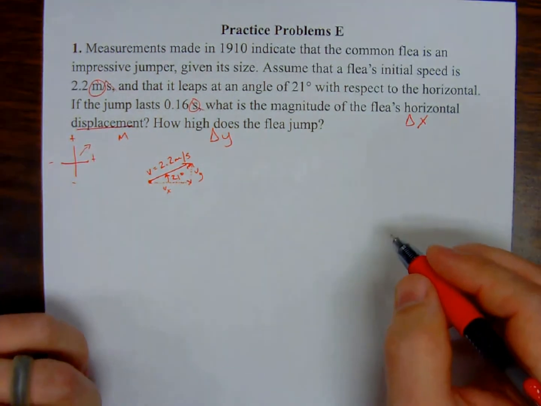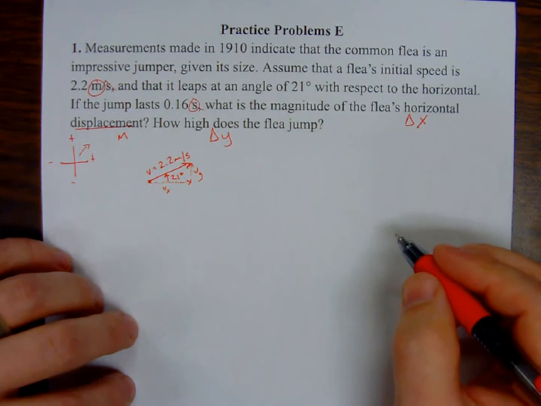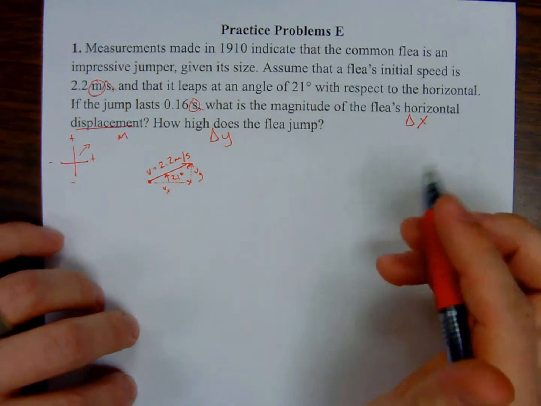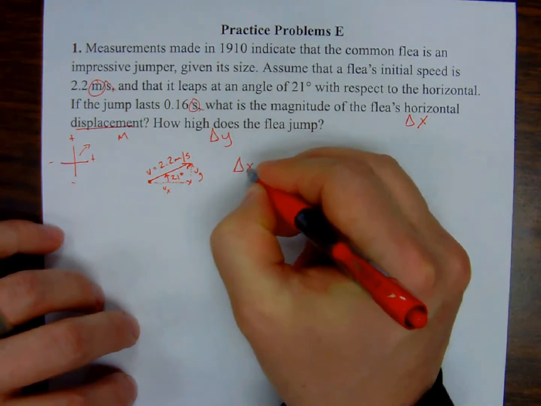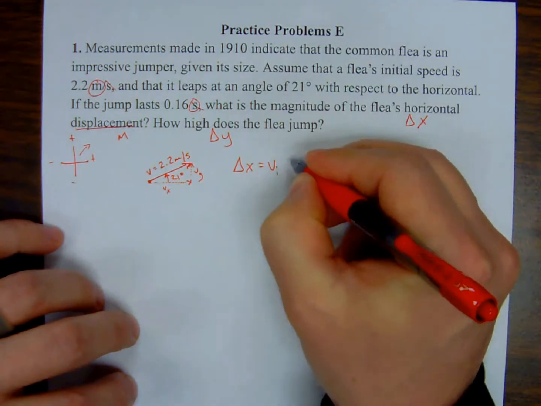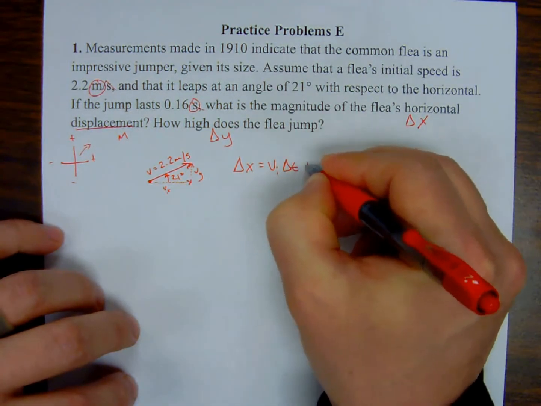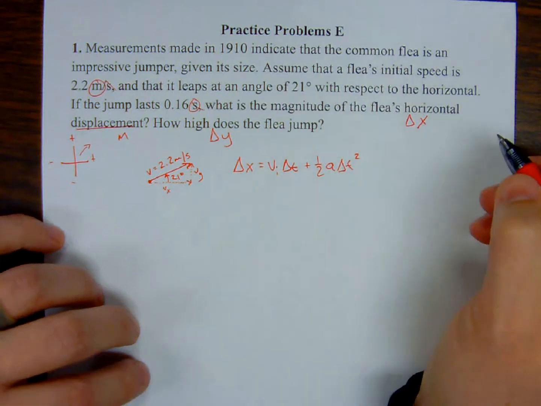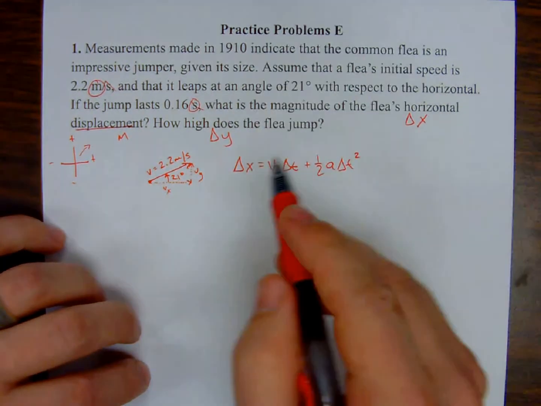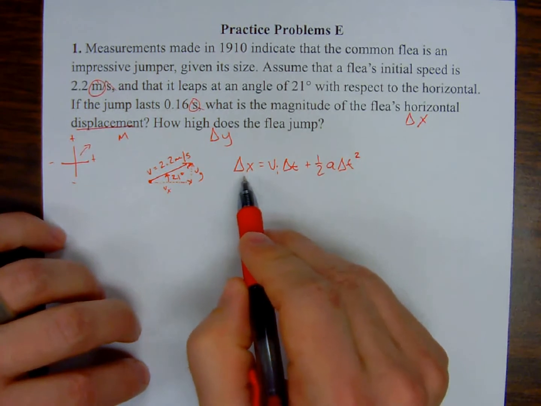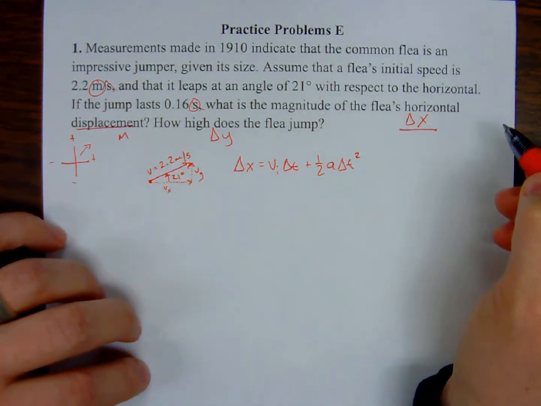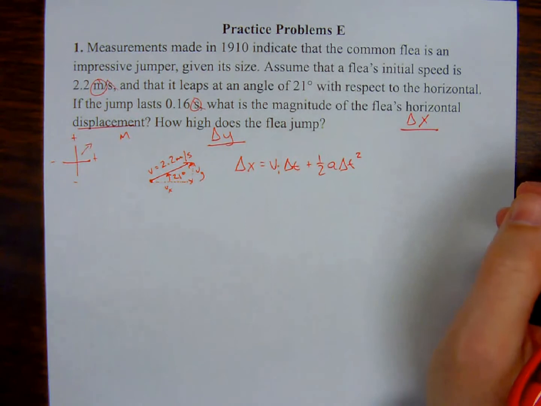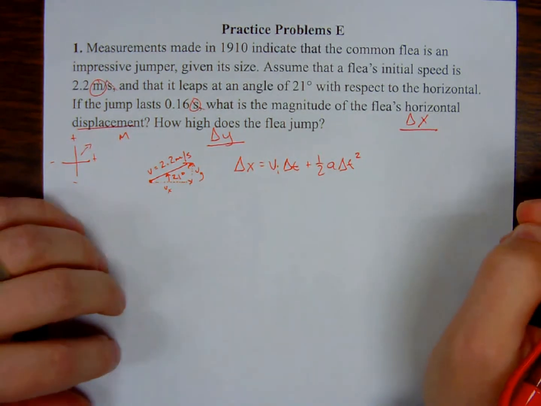Now, in general, we are going to be using our kinematic equation that looks something like this. Hopefully it looks exactly like this, otherwise I would be doing something wrong. So we have this kinematic equation to find total displacement. Now we need a displacement in the x direction, and then we're going to be looking for a displacement in the y direction. There's going to be a little trick that uses a definition when we get to the delta y. But you'll notice that the flea has already jumped.